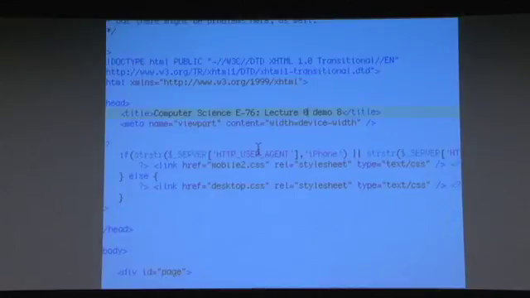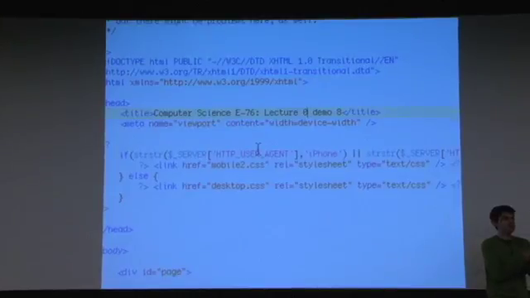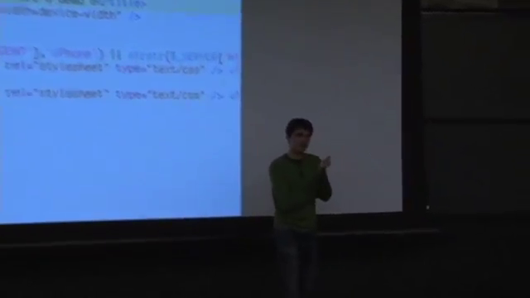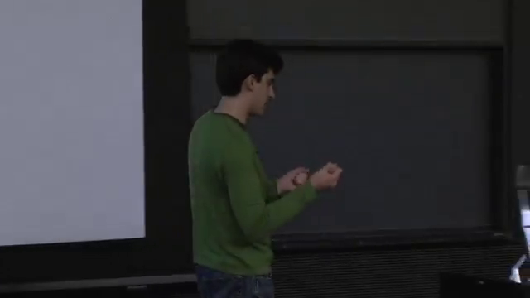We're still searching the user agent string to see if the word iPhone or the word Android exists within it, but now we're doing this on the server instead. Recall that the user agent string is sent as part of the HTTP headers from the client to the server.